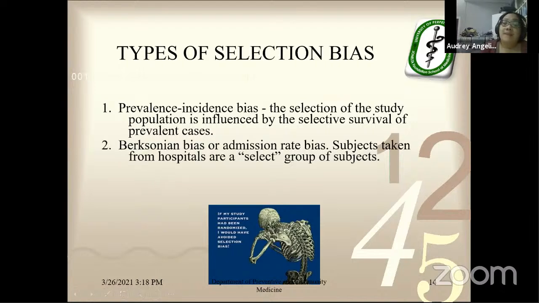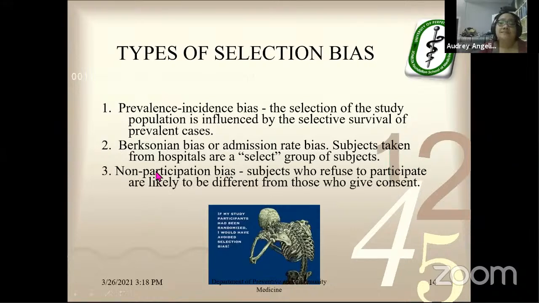So Berksonian bias or admission rate bias, these are subjects taken from hospitals and already those would be a select group of subjects. Okay? Gusto ko dito, ang favorite nyo pagdating ng second year, do a research among JFSM students, etc. Or University of Perpetual Help students, etc., etc. Those would have certain biases as well.